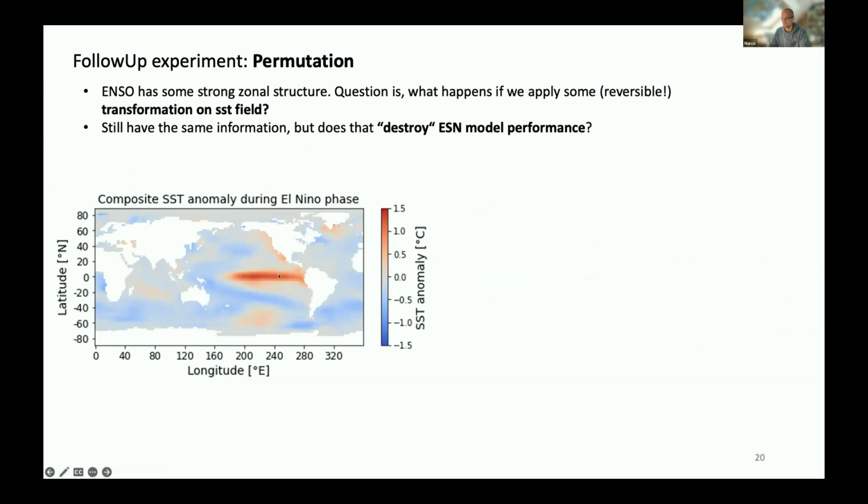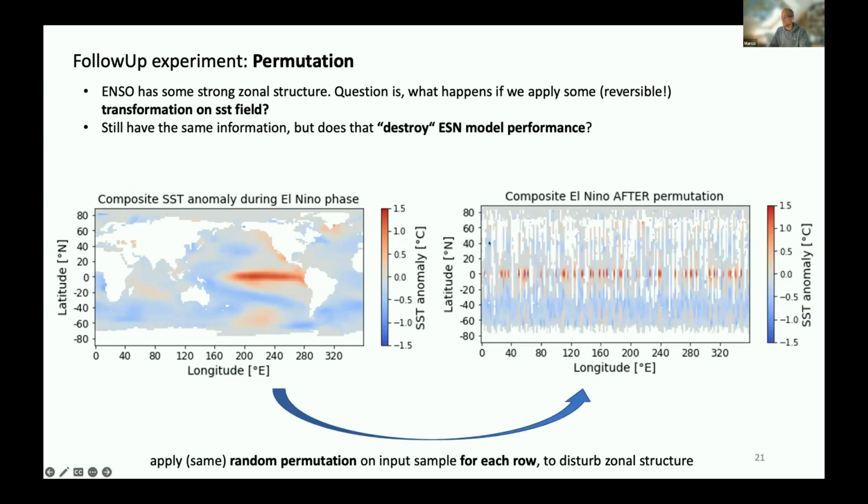And to try to prove that our echo state network is stable, we just applied some random permutation on the input samples and just destroyed this structure and wanted to see if the model still is able to classify the patterns and still find some reasonable relevance maps.